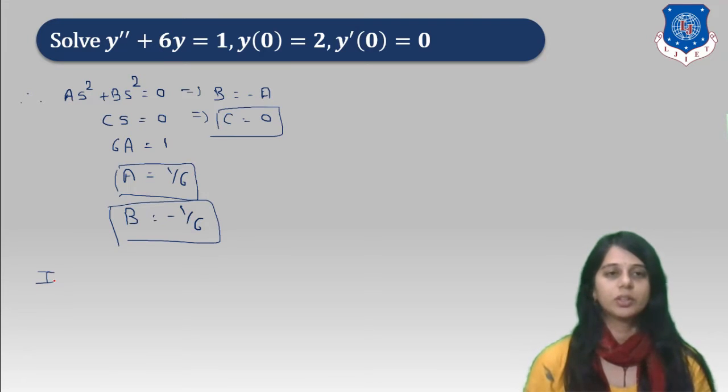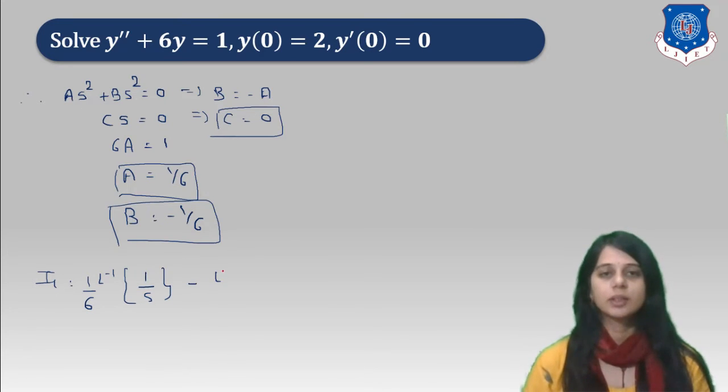So I1 is Laplace inverse of 1 by 6 into 1 by s minus Laplace inverse of s upon s square plus 6.